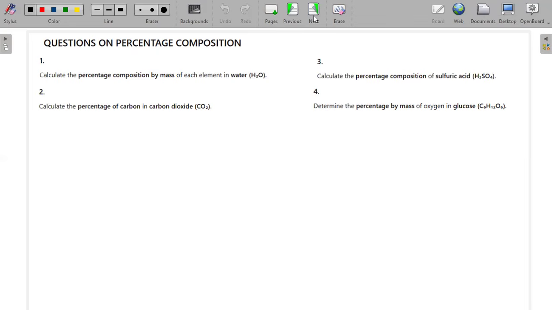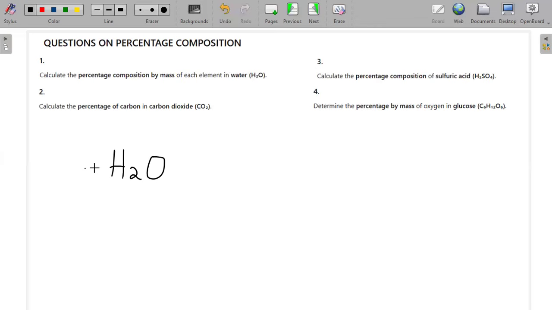For example, if I get water, which is H2O, and I want to find the percentage composition of hydrogen, I'm simply finding out what percent of the mass of water is hydrogen. So how do we find it? We divide the mass of the atom that we want to find the percentage composition for by the total mass of the compound where it's coming from.